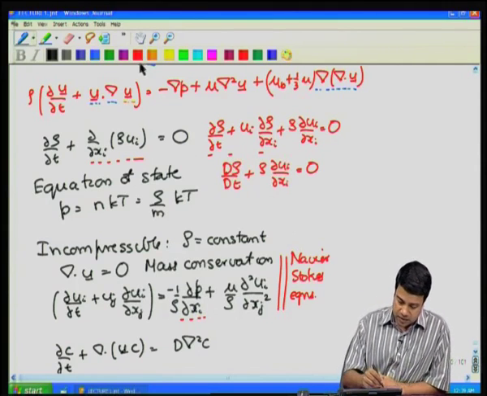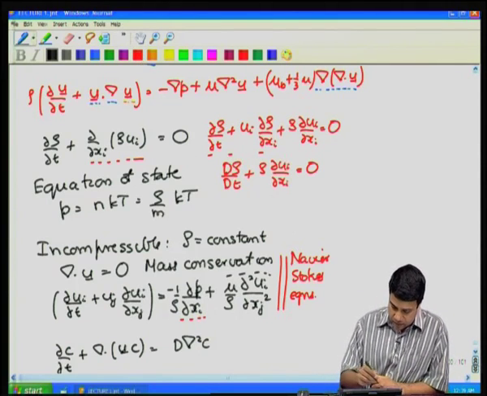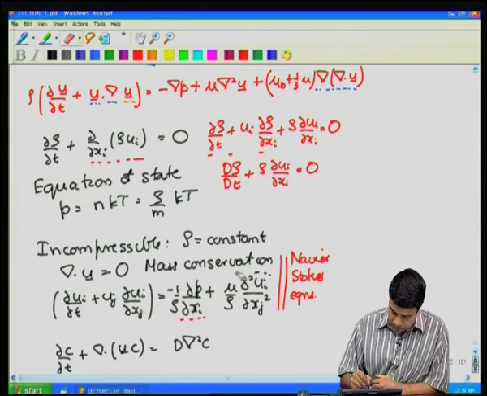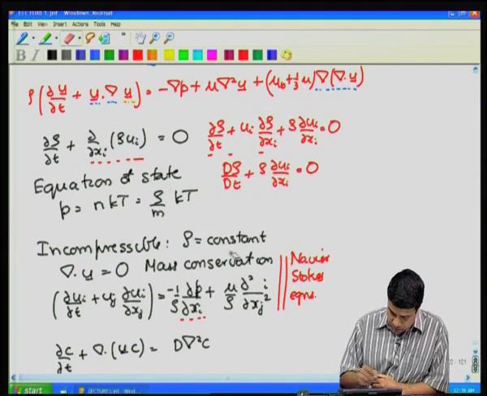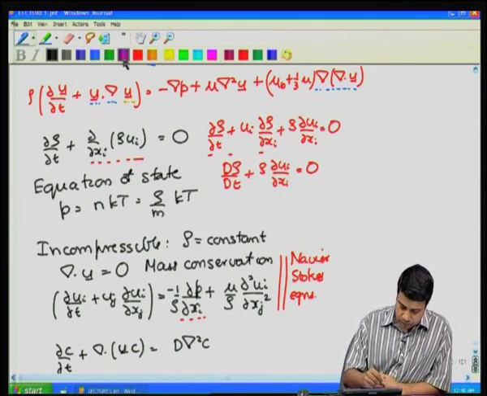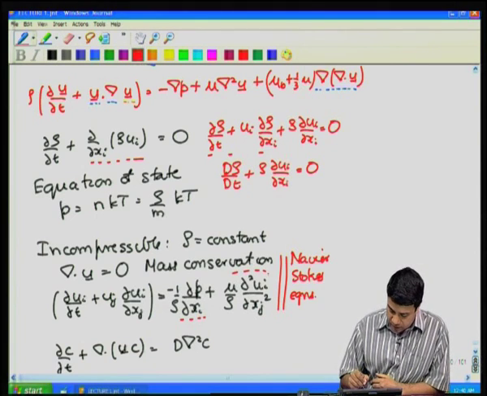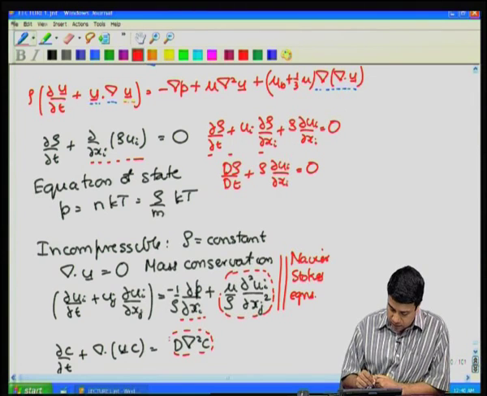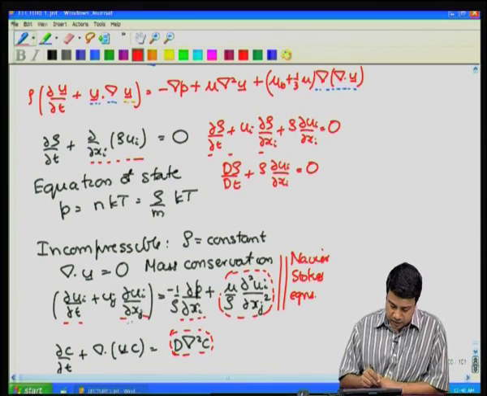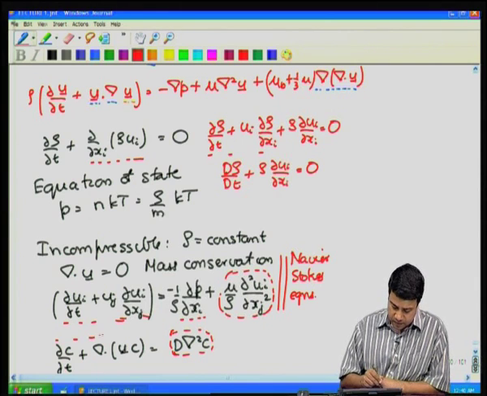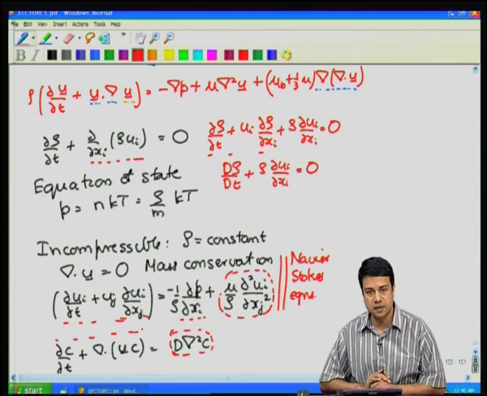So, it has exactly the same form as the diffusion term here. And the left hand side actually looks similar, there is a small difference, but it looks very similar to the convective terms and the time derivative in the concentration equation.